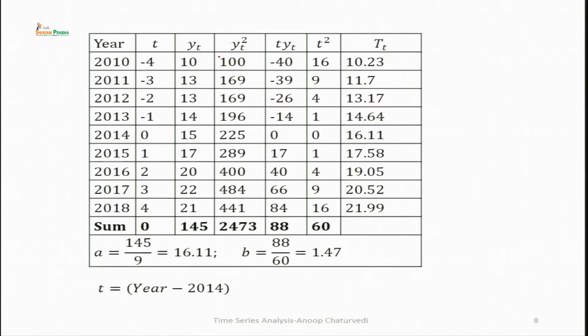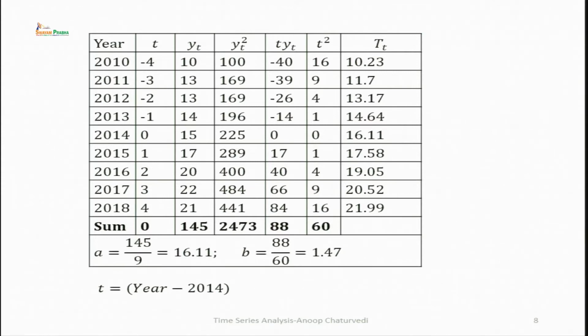So, this column gives you y t square. You calculate t times y t. So, minus 4 into 10 you get minus 40, minus 3 into 13 minus 39 and so on. Then you add all these figures, you get 88. You can easily obtain t square also. So, then you need summation of t square.